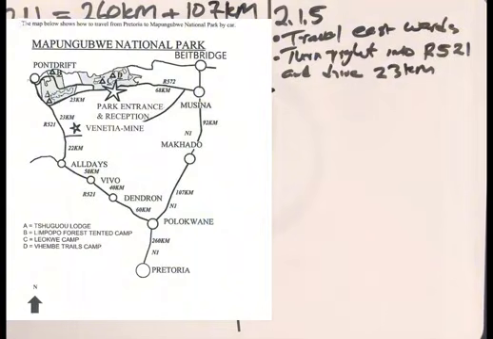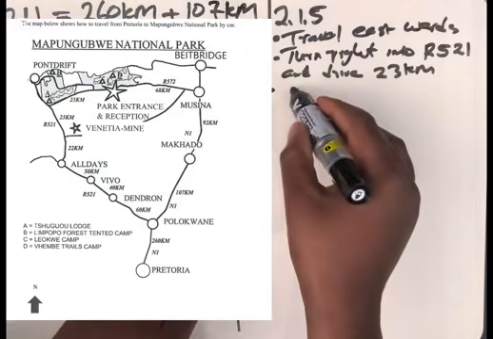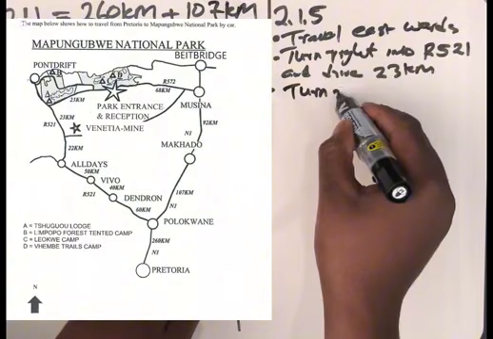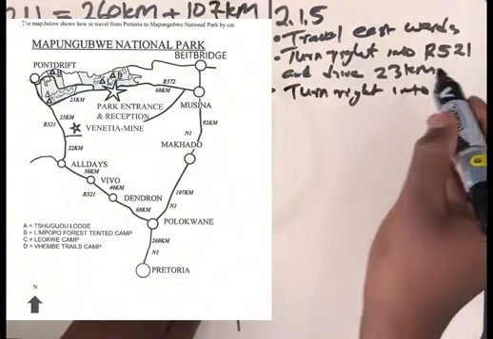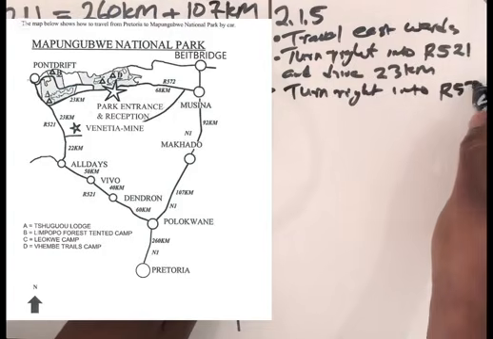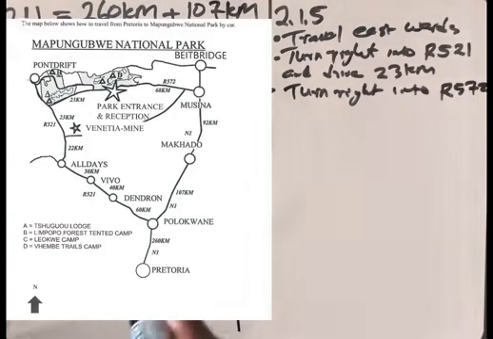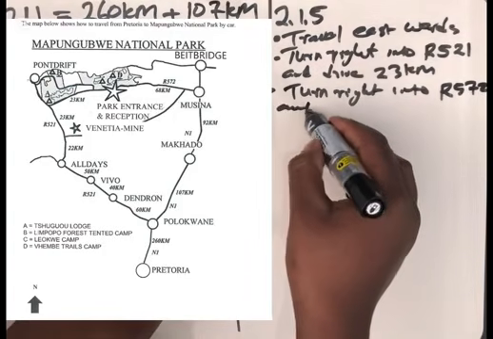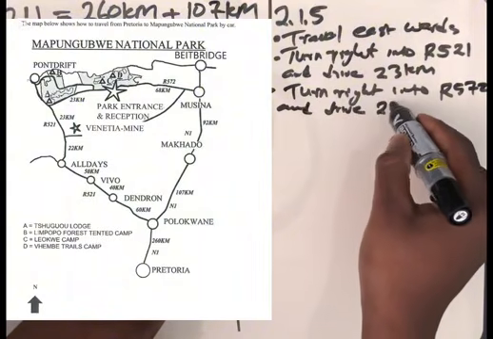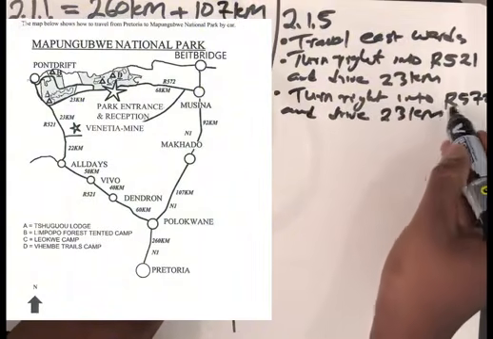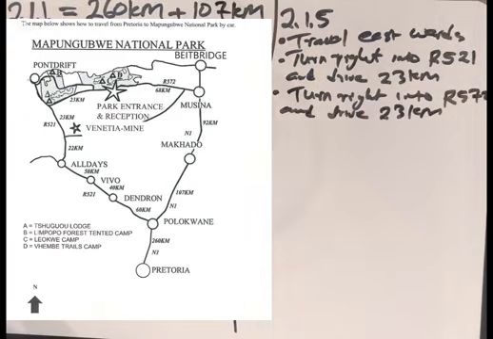And then after driving for 23 kilometers, as you can see from the map, I'm going to turn right again. Turn right into R572, and drive for 23 kilometers again. You can see where I'm getting these kilometers. Everything is indicated here.